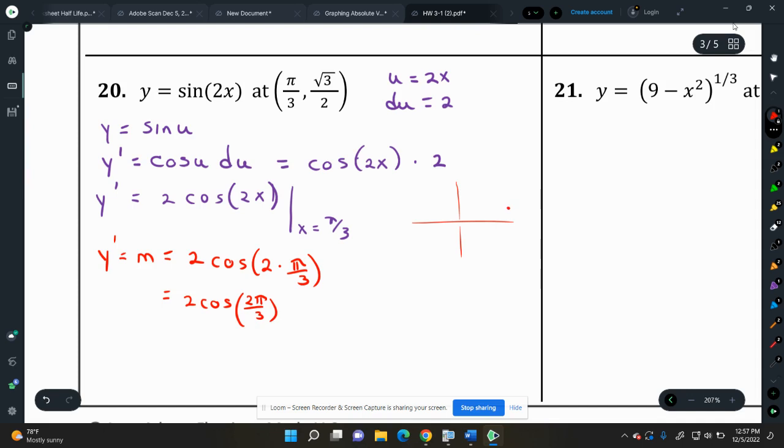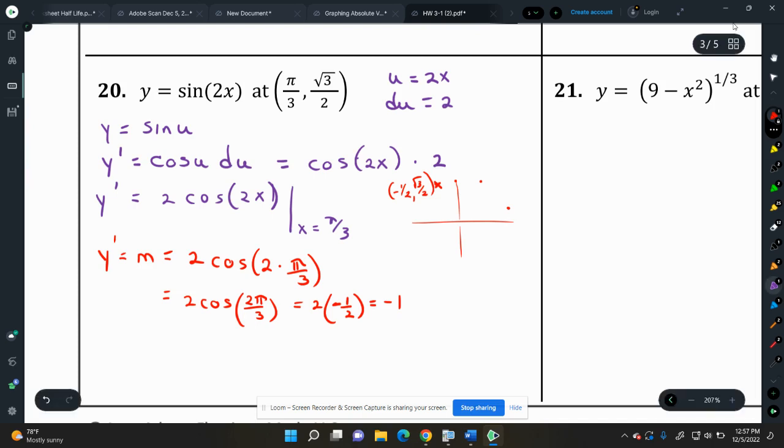Pi over 6, 2 pi over 6, 3 pi over 6, 4 pi over 6 right here. That's 2 pi over 3. The coordinates here are negative 1/2, square root of 3 over 2. So we get 2 times cosine, which is the x value, so that's negative 1/2. So we get negative 1 as my slope. Right?